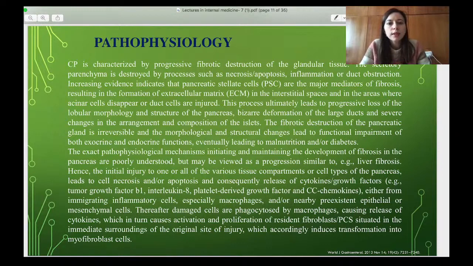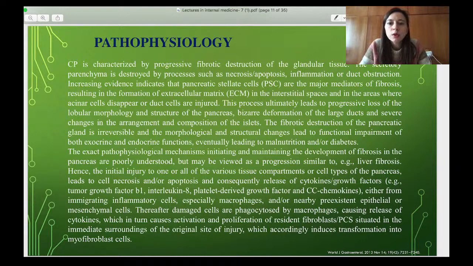Increasing evidence indicates that pancreatic stellate cells, or PSC, are the major mediators of fibrosis, resulting in the formation of extracellular matrix, or ECM, in the interstitial space and in the areas where acinar cells disappear or duct cells are injured.